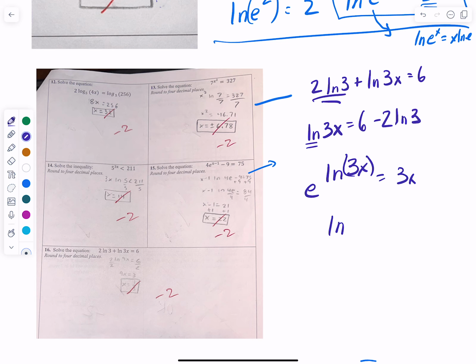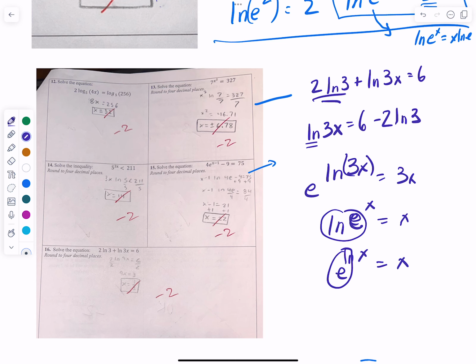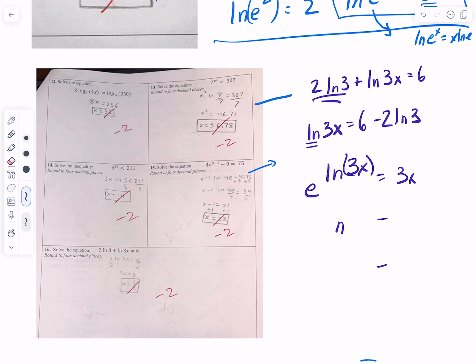If I take a log of e to the something, that's equal to something. I can also just go e to the natural log of something, and that also equals something. These are just inverse operations, right? And you can do them. The log of e to the something is the same thing as that thing, or e to the log. So it's just the opposite truth that we learned earlier.